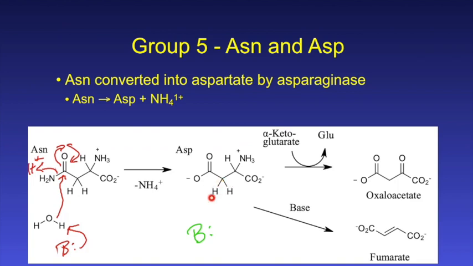Are these protons acidic? Yes or no? I said protons next to a carbonyl are acidic, correct? Are these protons sitting next to a carbonyl? No. These protons are sitting next to an acid.